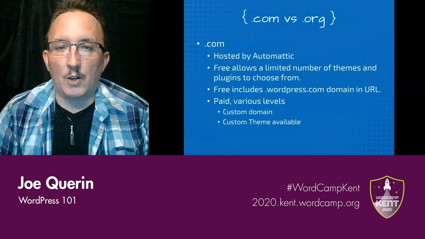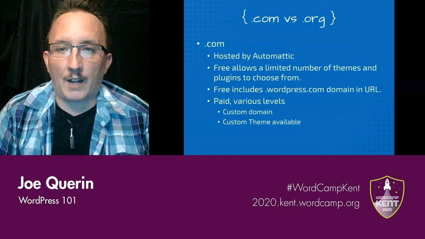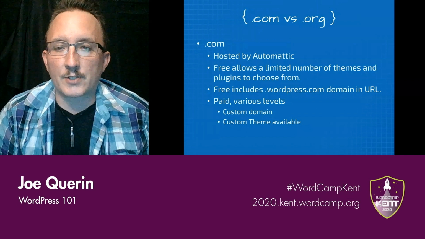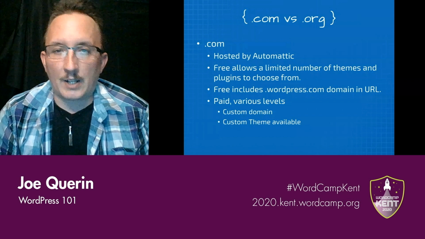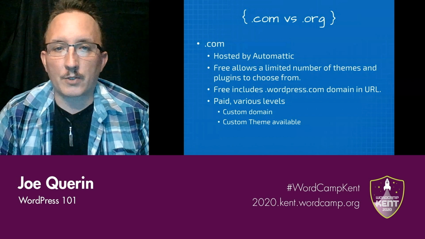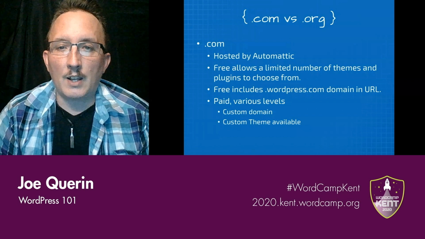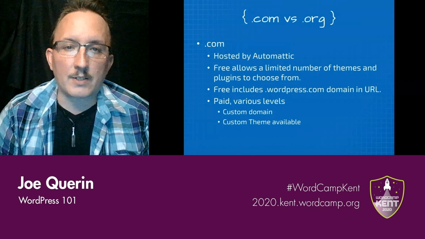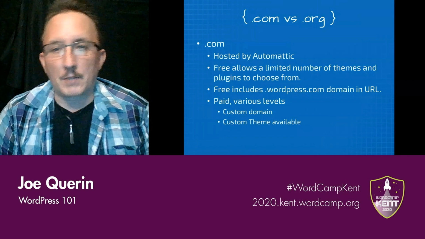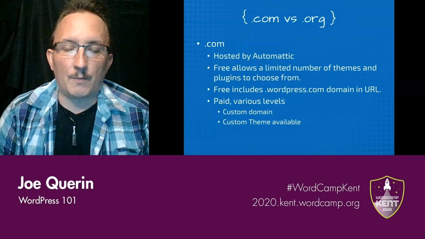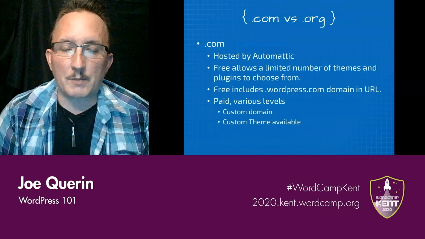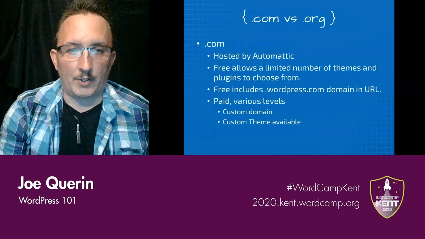But it is all hosted by Automattic, and they have support engineers available through chat to help you out with questions about your site. It really takes away some of the headaches of wondering how to keep everything updated. They take care of all that for you.